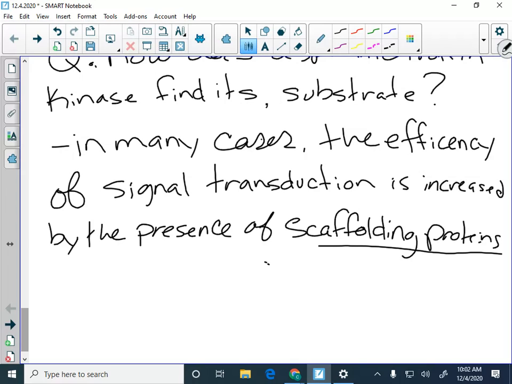So, well, what are these scaffolding proteins?